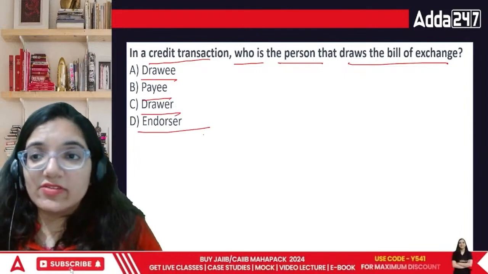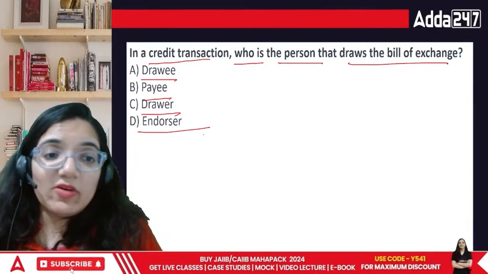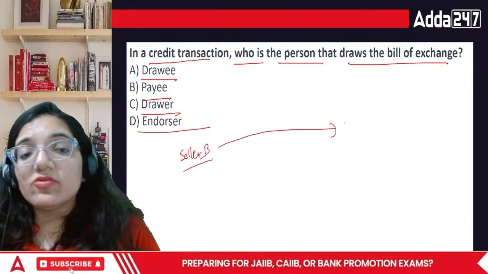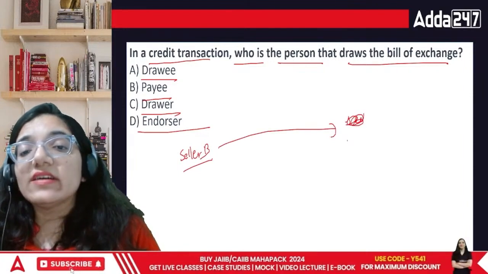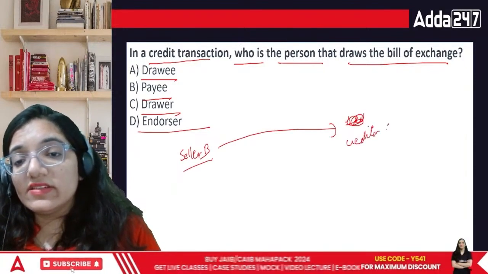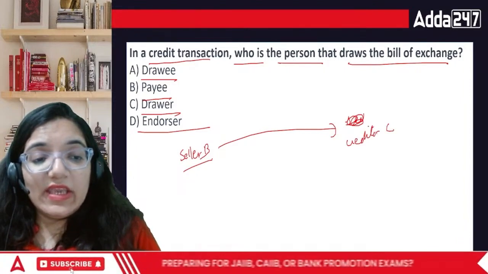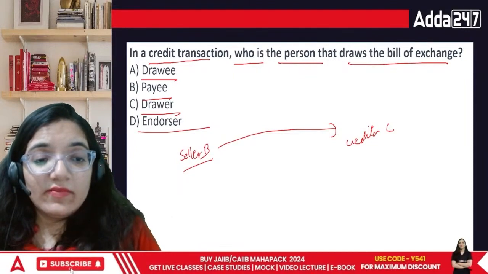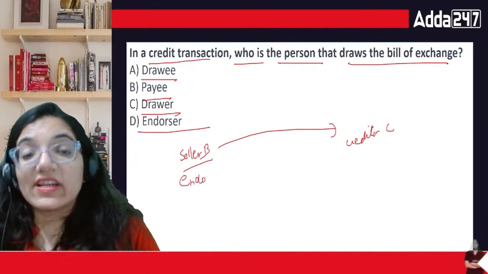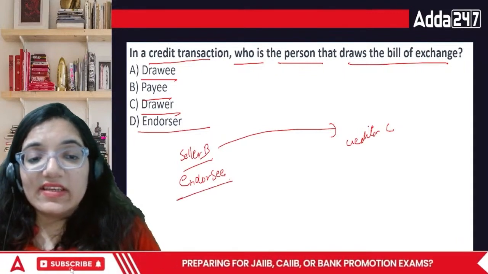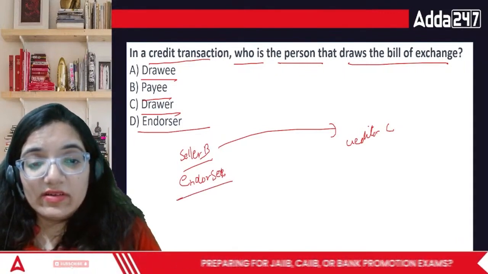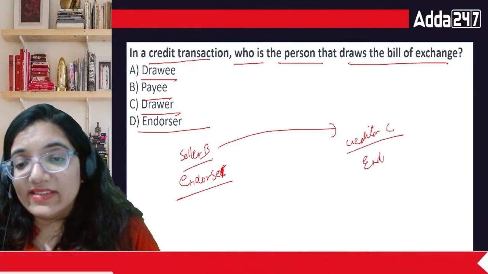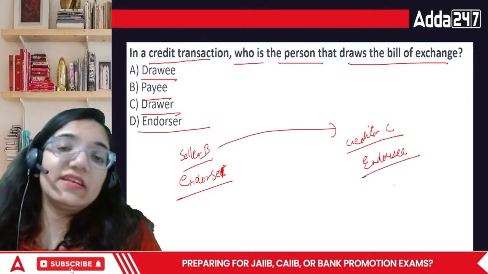Acha, we talked about seller B giving his bill to his creditor C. So technically, the one who is transferring or selling his bill is the endorser, while the creditor is the endorsee. So that's the entire story.